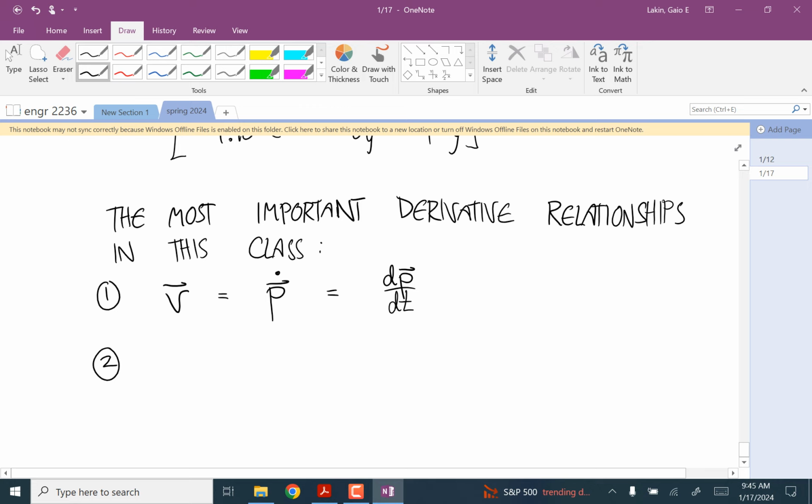The second one is that the acceleration vector is the time derivative of the velocity vector. And that means that it's the second time derivative of the position vector.